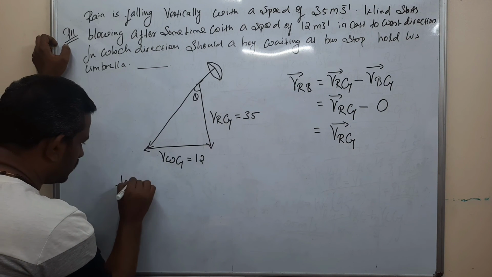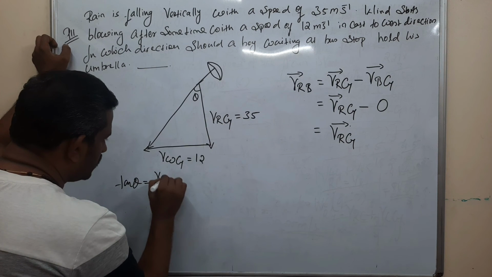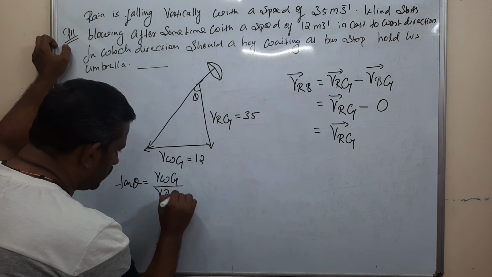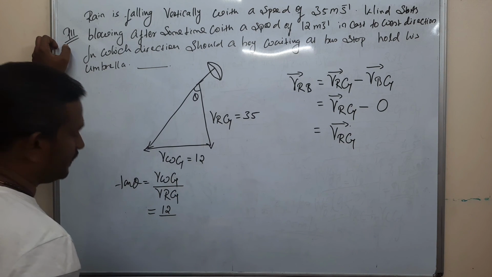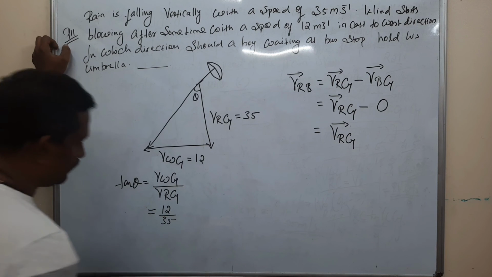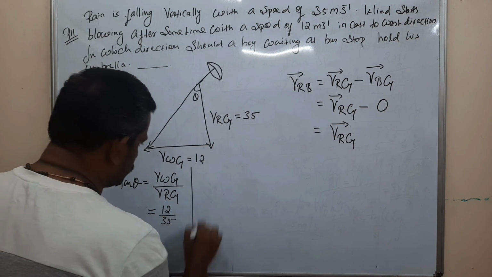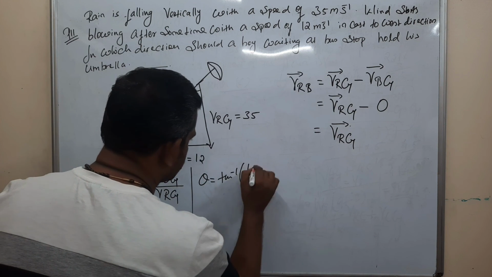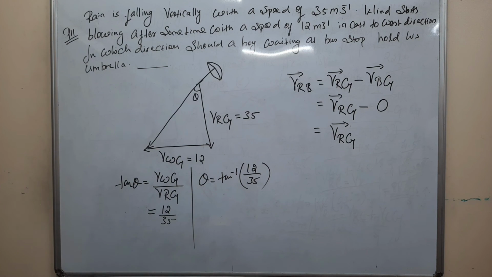Tan theta is equal to VWG divided by VRG, that is 12 divided by 35. So theta is equal to tan inverse of 12 divided by 35.